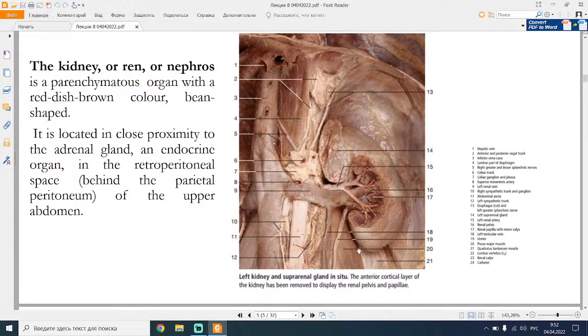It is located in close proximity to the adrenal gland, an endocrine organ, in the retroperitoneal space behind the parietal peritoneum of the upper abdomen. This is what you see, diaphragm. This is the upper abdomen.